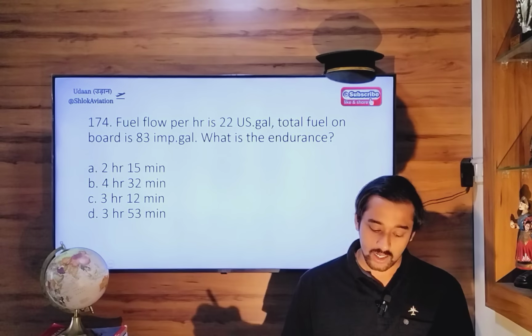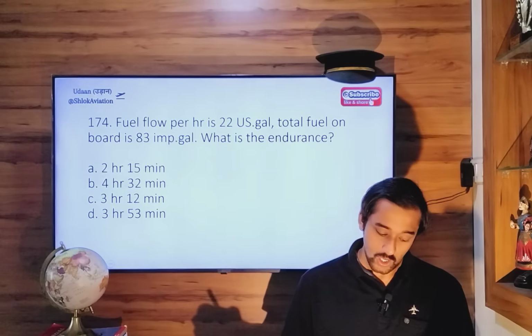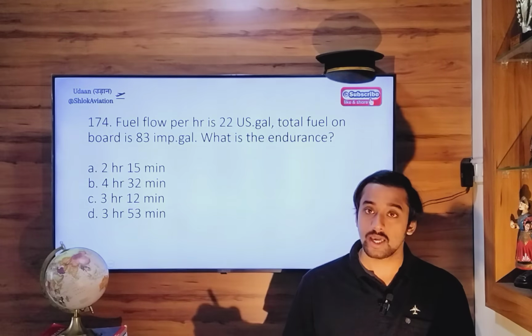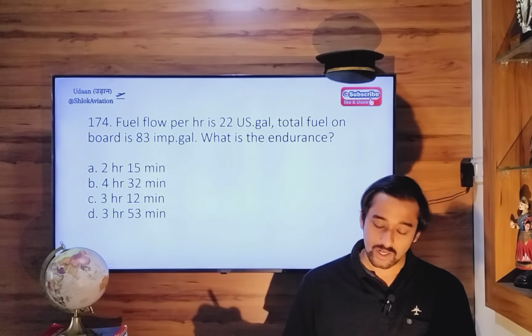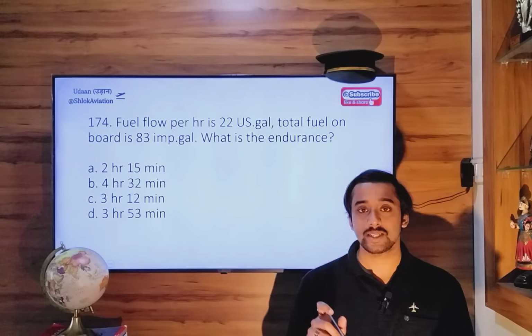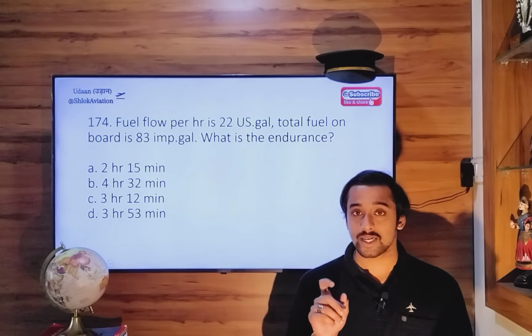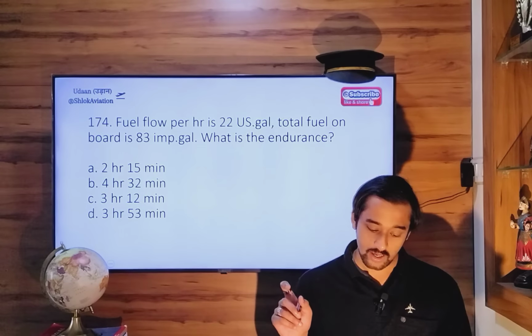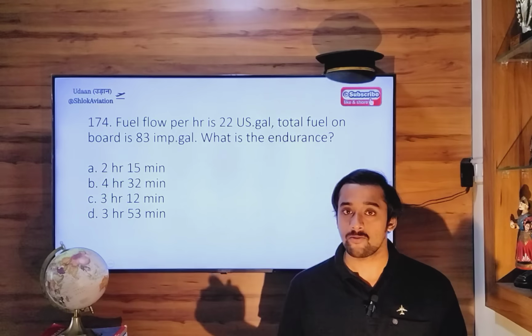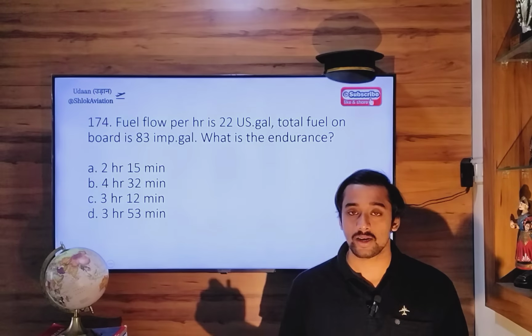Next, question 174. Fuel flow per hour is 22 US gallons. Total fuel on board is 83 imperial gallons. What is the endurance? Endurance is the time for which your fuel is going to be available for your flight, the total flight time.